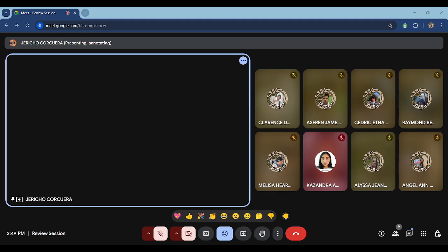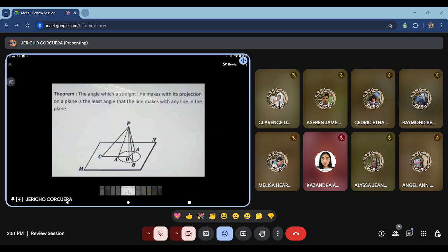Next, we have another theorem here: the angle which a straight line makes with its projection on the plane is the least angle the line makes with any line in the plane.